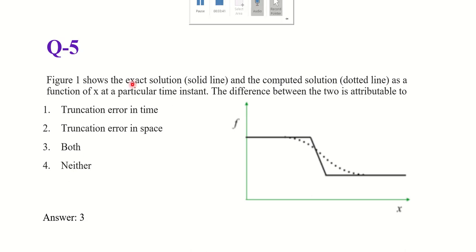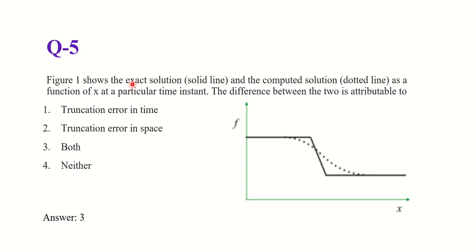In question 5, it is shown that exact solutions and the computed solutions as a function of x at a particular time instant. The difference between the two is attributed to. So this is figure 1 where the exact solution is the solution shown by the dark black line, and the computed solution, the dotted line, is a function of x at a particular time instant.